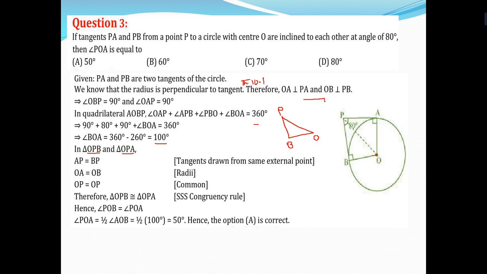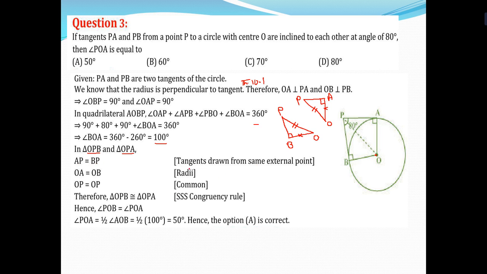Another triangle we can draw like that, that is PAO. So here it is common in both. Here B is equal to 90, A is equal to 90, and here it is a radius.